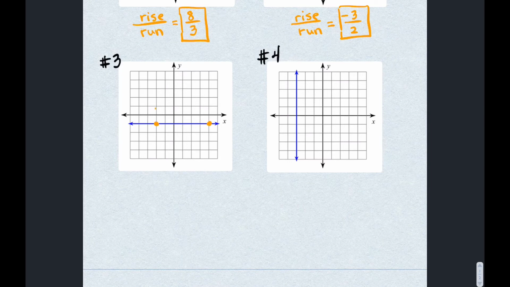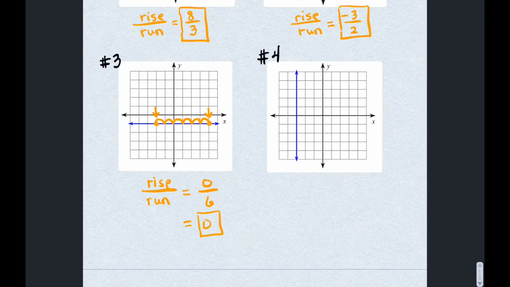Now, if we're going from left to right, from here to here, and we ask ourselves what the rise is, well, it's 0, right? Because we don't have to go up or down to get from the left to the right. So in this case, our rise will be 0, and our run will be 1, 2, 3, 4, 5, 6. Now we could leave it like that, but it's best to go ahead and say 0, since 0 divided by 6 is 0.